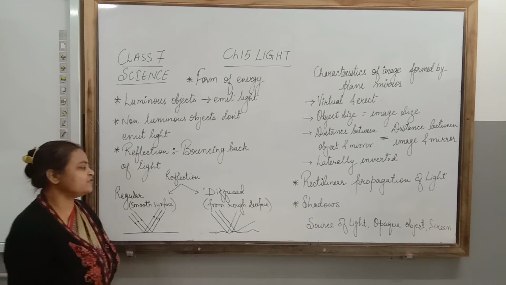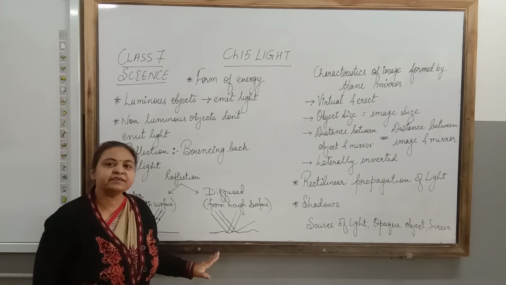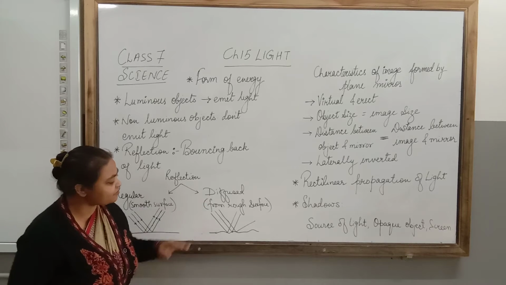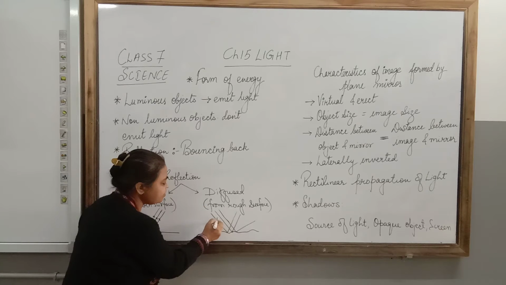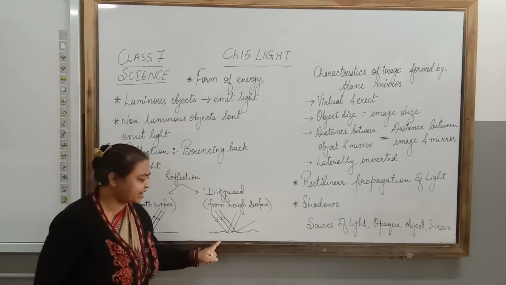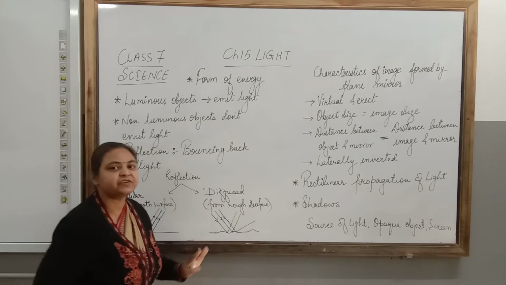Whereas in case of diffused reflection, the surface from which the light is reflected is rough. So when parallel rays of light are incident on the surface, that means when parallel rays of light fall on a rough surface, they get scattered in different direction.